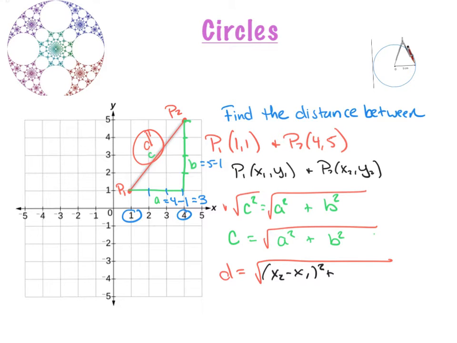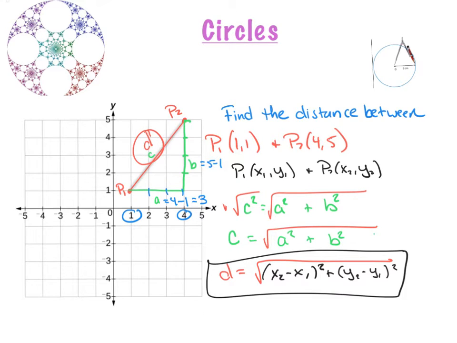Likewise, the b came from 5 minus 1, and if you look at our points here, that was the second y value minus the first y value, so y2 minus y1, and we squared it from the Pythagorean theorem. So y2 minus y1, and it's squared. And here is our distance formula.